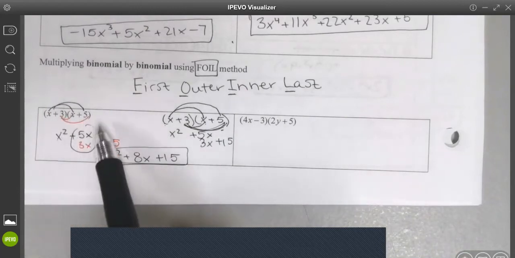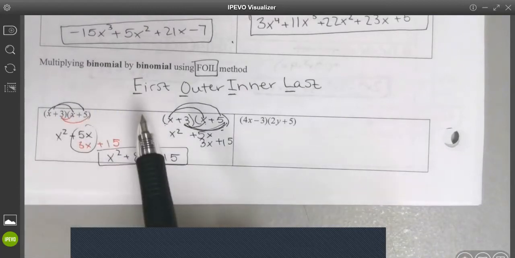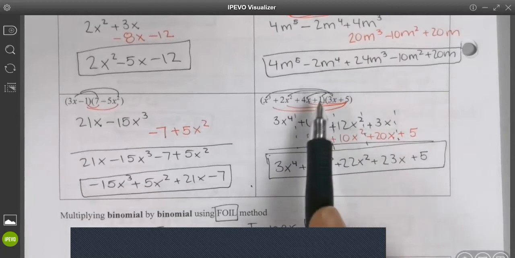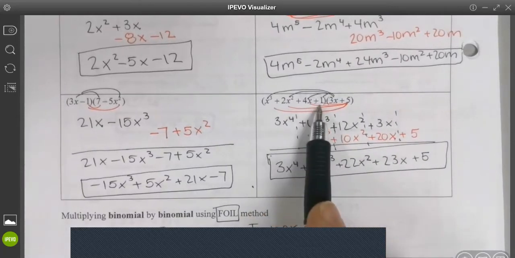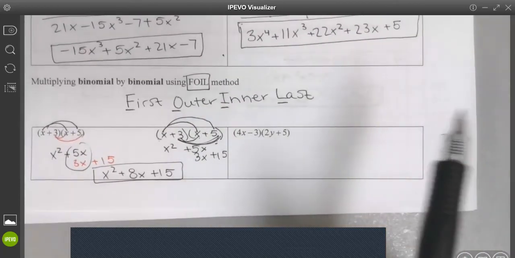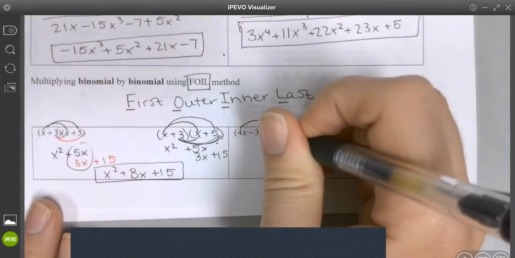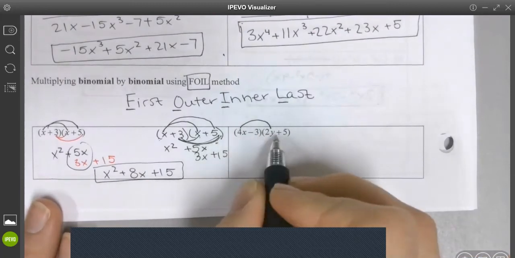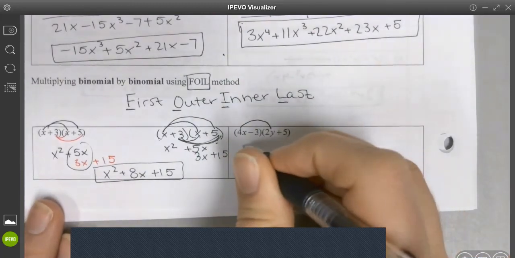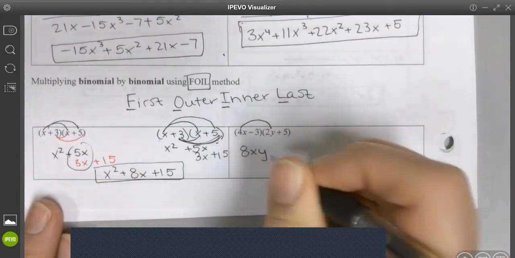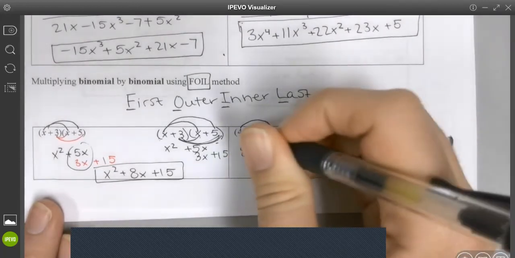I like to think about distributing because it's going to work whether it's a binomial times a binomial or a binomial times a polynomial. So I kind of stick with the idea of distributing as I talk about it, but you could say, okay, first term. Now let's talk here. We have two different variables. This is going to become 8xy. We can't combine those.